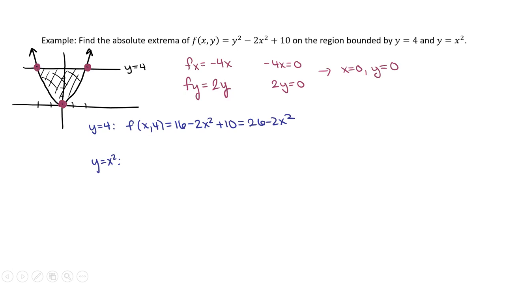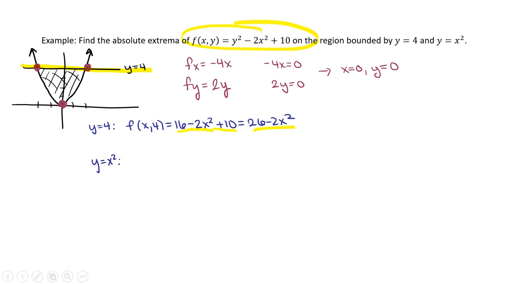And then I'm also going to check and see if I have any critical points on my boundaries. So I'm going to start by considering my boundary y equals 4. So I'm going to take 4 and plug that in for y. I end up getting 16 minus 2x squared plus 10.